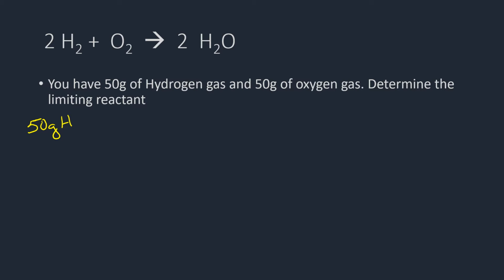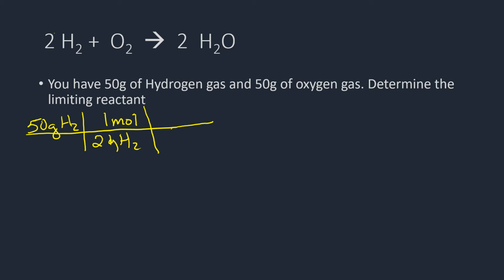So 50 grams of hydrogen, I need to convert that to moles of hydrogen. There's 2 hydrogens, so 2 times 1 is 2. 2 grams of hydrogen is the molar mass to 1 mole. Then I'm converting that to moles of H2O.